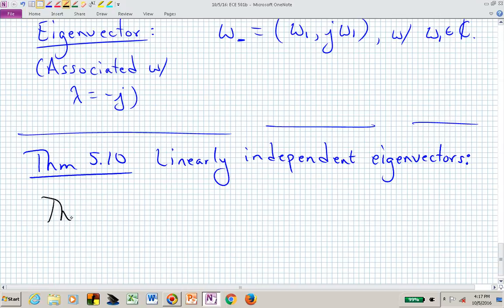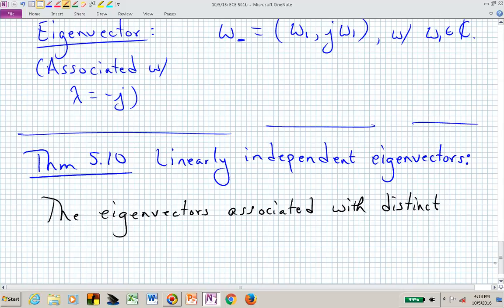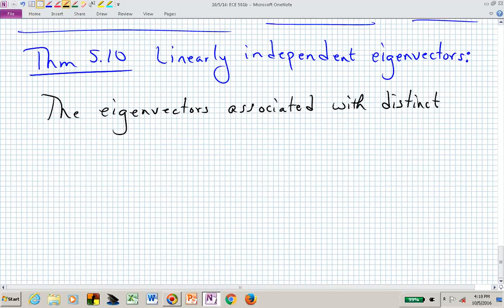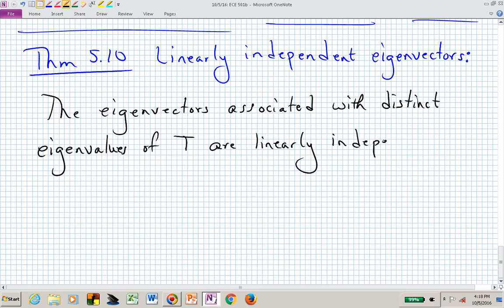This theorem says the eigenvectors associated with distinct eigenvalues of our linear operator are linearly independent.